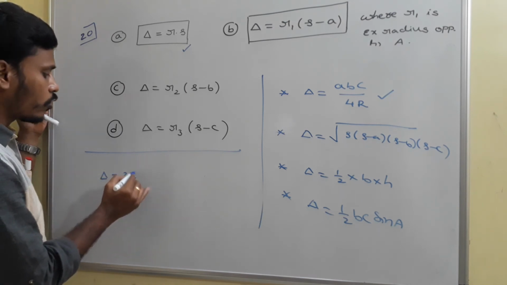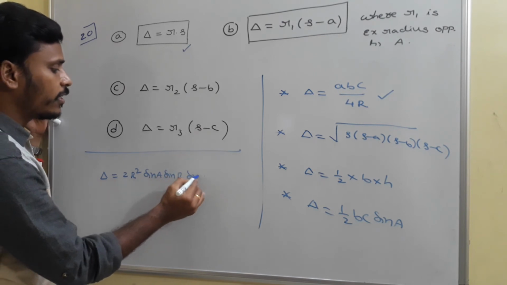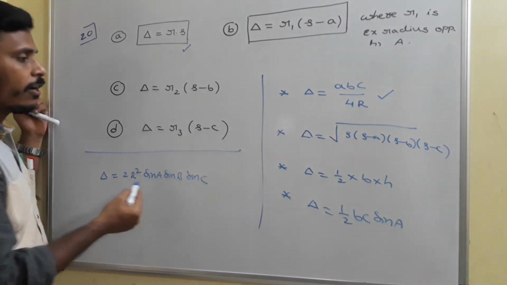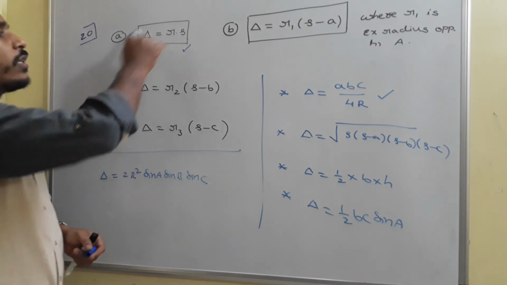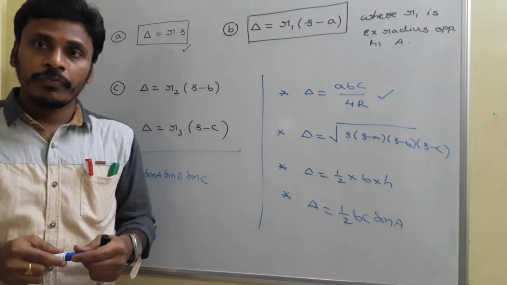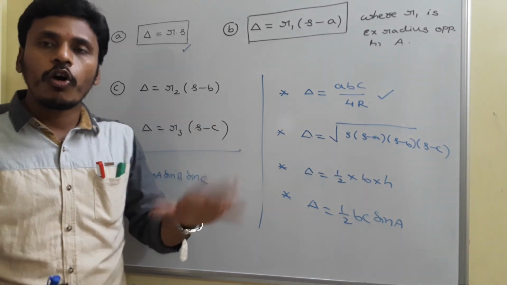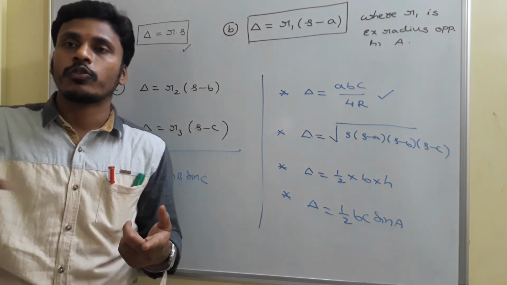Delta is equal to 2R square sin A sin B sin C. All these formulas which are written in blue color are already mentioned in some previous points, and now here are some more points related to the area of the triangle. All these formulas are for the area of the triangle or connect the area of the triangle with the different parameters of the triangle.